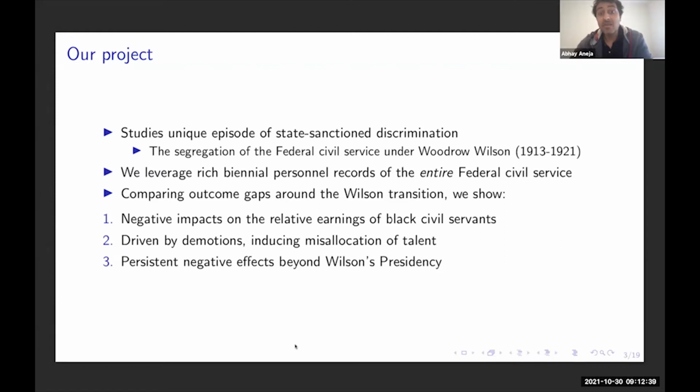And then finally, we showed that this effect rippled across the life cycle and even across generations. We see the effects of segregation within the government also affecting the downstream outcomes of the children of those parents who were affected by the Wilson regime.